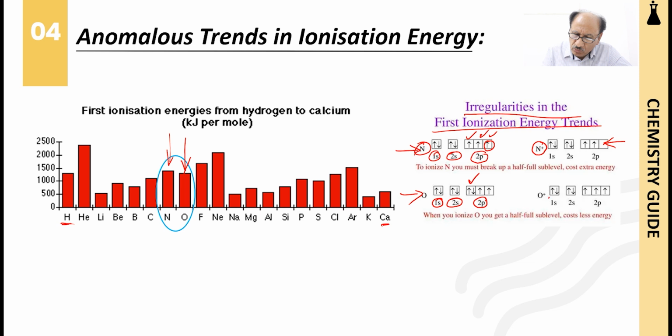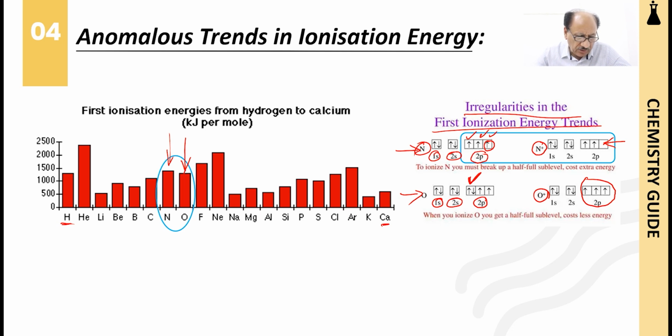When we change to oxygen plus ion, this double electron is removed and all three are having one in 2p, so it will be easier to remove. In oxygen it will be easier to remove, but in case of nitrogen, we have to break the complete half-filled set, and only then we will be able to remove. So this is basically difficult to remove in case of nitrogen.